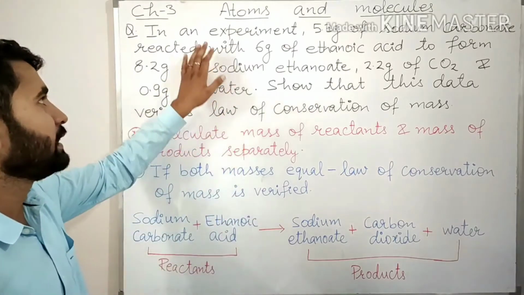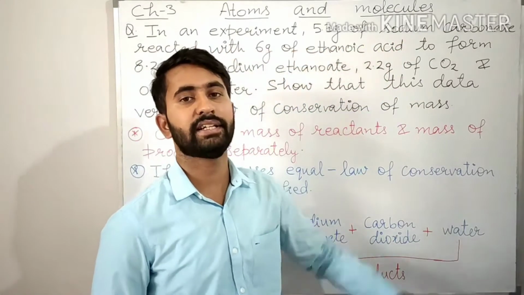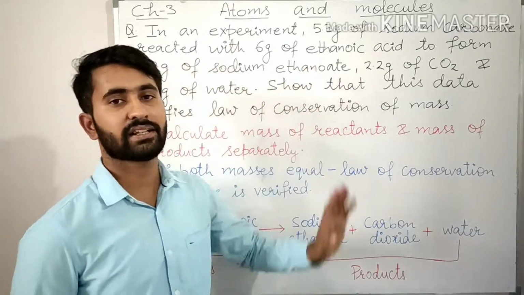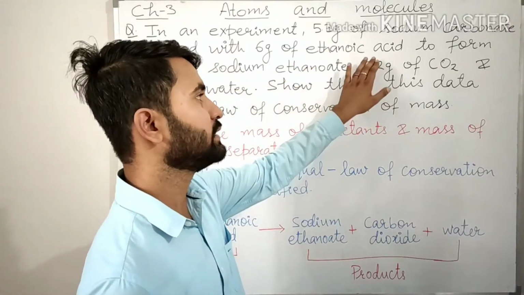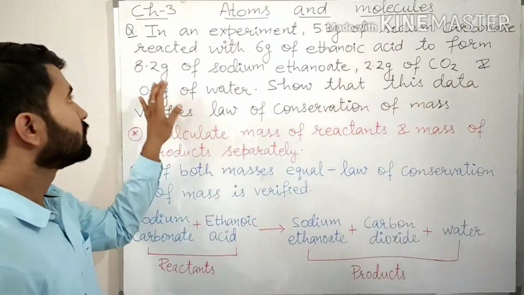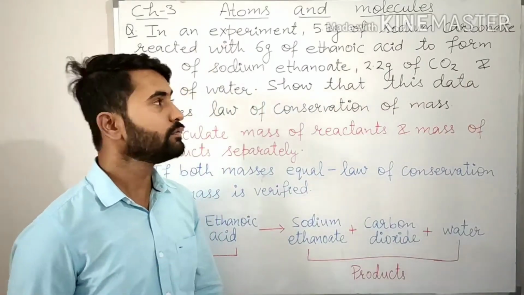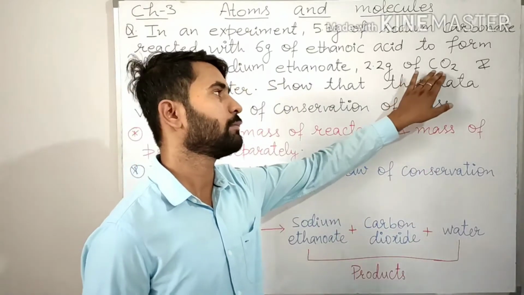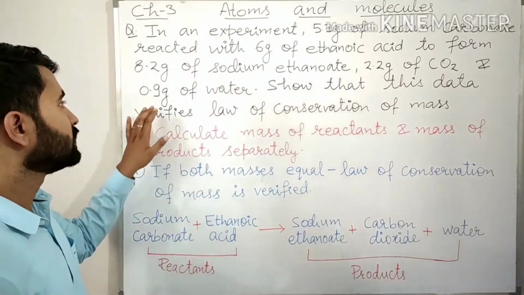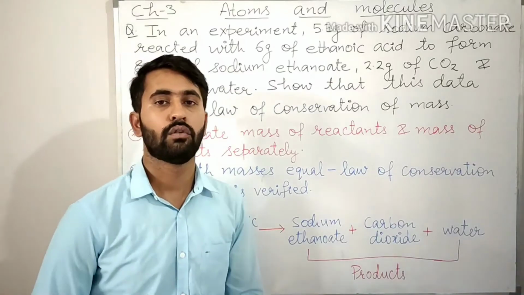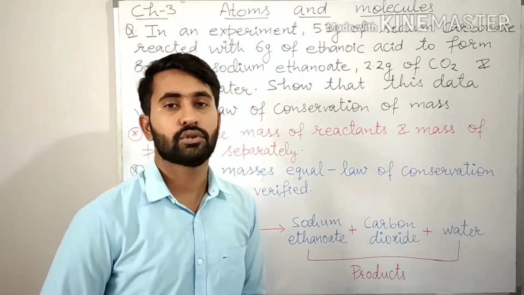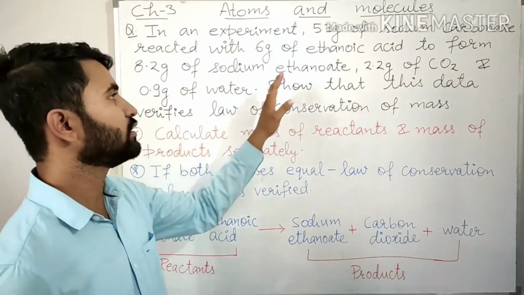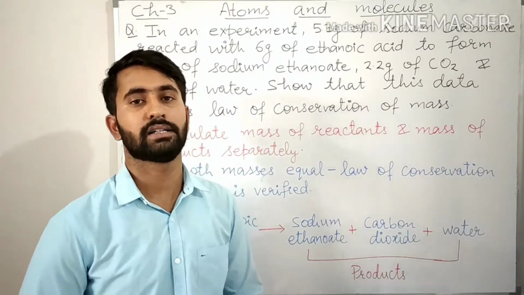In an experiment, 5.3 grams of sodium carbonate reacted with 6 grams of ethanoic acid to form 8.2 grams of sodium ethanoate, 2.2 grams of carbon dioxide and 0.9 grams of water. In this question, we have to show that this data verifies the law of conservation of mass.